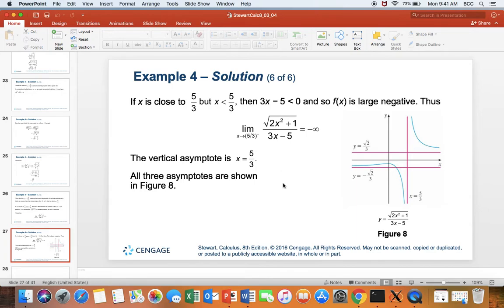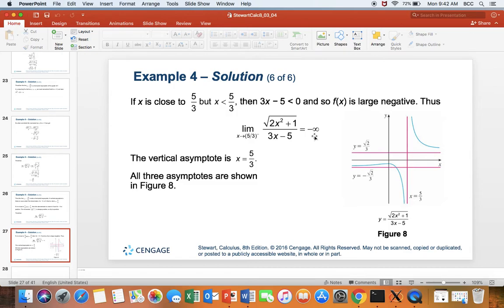But when x is to the left of 5/3, what happens? Take a number less than 1.666, say 1. 3 times 1 is 3 minus 5, negative 2. That's a negative. So the limit as x approaches 5/3 from the left hand side gives me negative infinity.